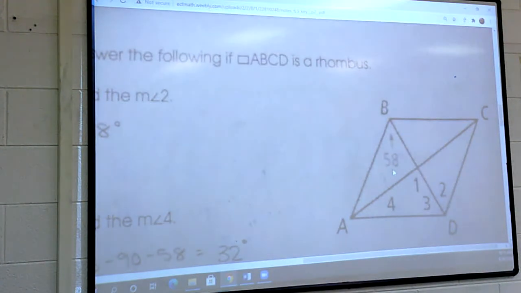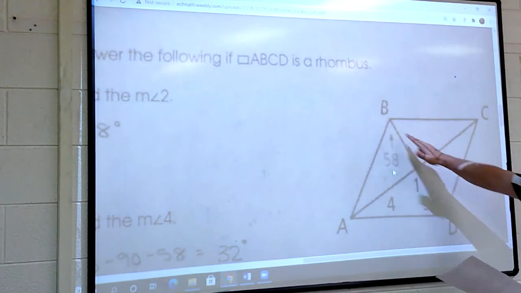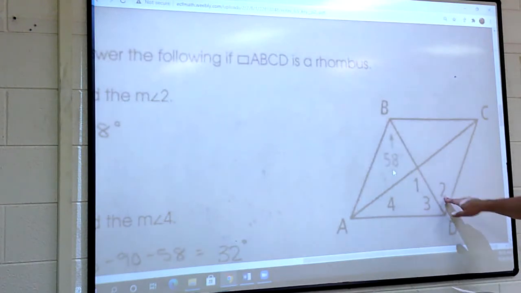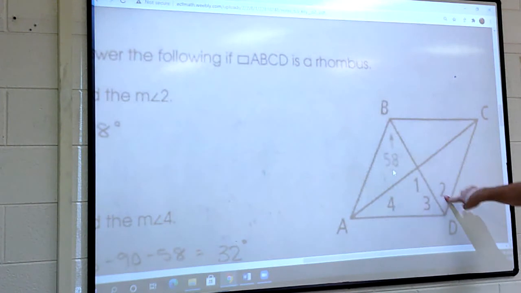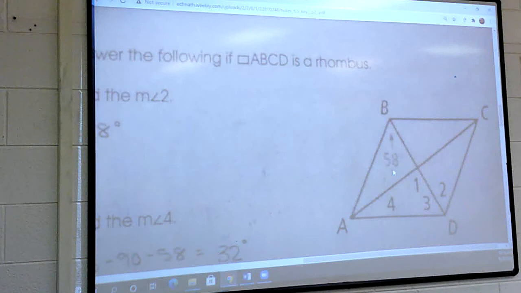Now, back in parallelograms, at the beginning of the week, there was this thing called alternate interior angles are congruent. Alternate interior means the one here and the one alternate from it. So if this is 58, this one over here has to be 58. Alternate interior. So angle 2 has to be 58. And that's what it tells us there.